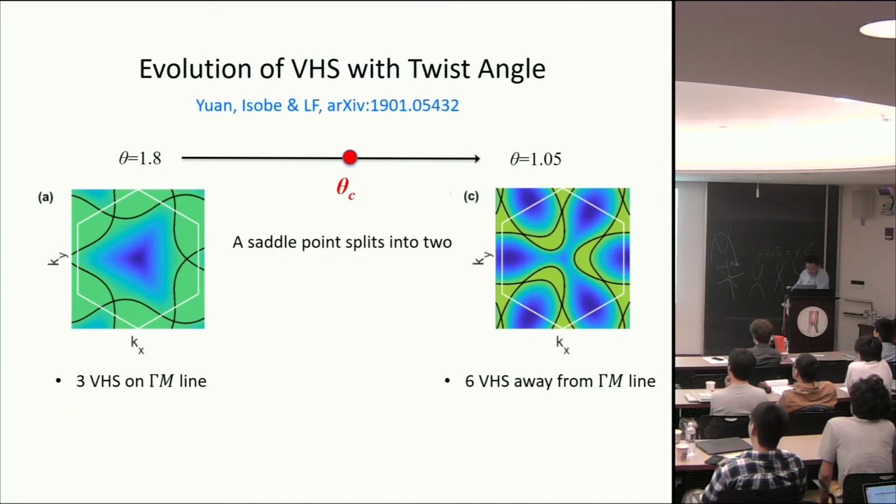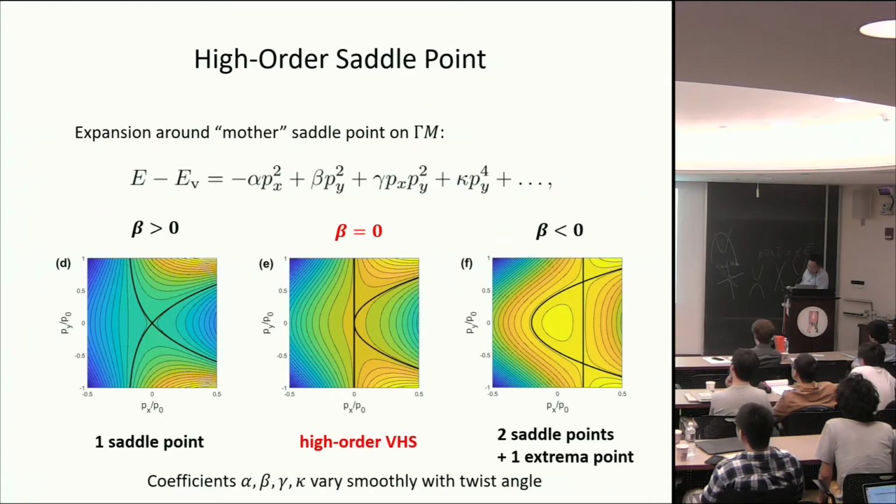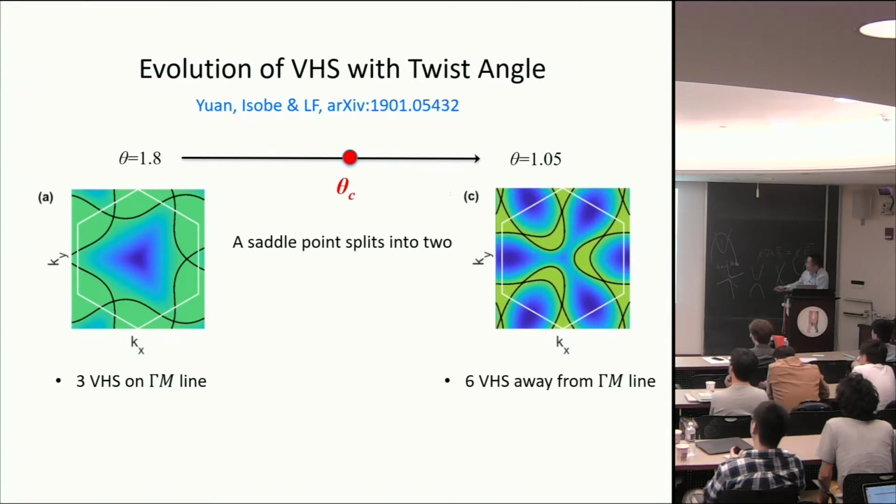So what happened is, in a sense, a topological transition. So this means that there must be a critical twist angle where each Van Hove point, each saddle point, splits into 2. And to understand this transition of the saddle points, one can just look at the dispersion around these original saddle points.